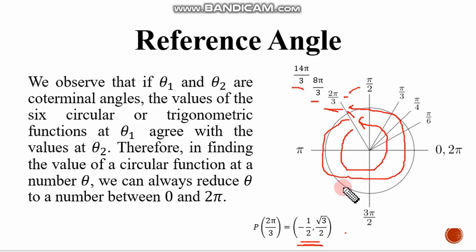You don't need to get all the values all the time. So it's important that we identify the values of the angles between 0 and 2 pi, because beyond 2 pi, we can determine the coterminal angle between 0 and 2 pi and get their values as well.